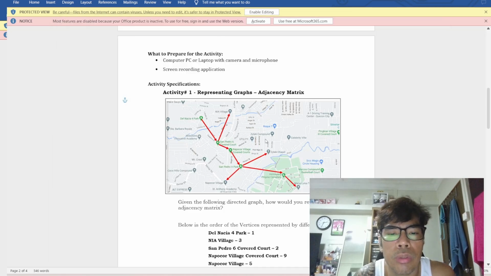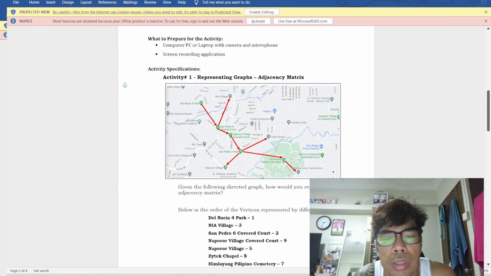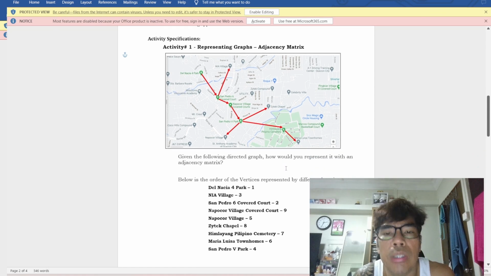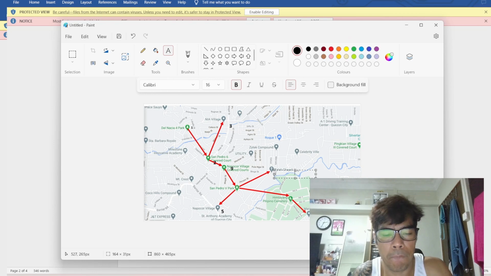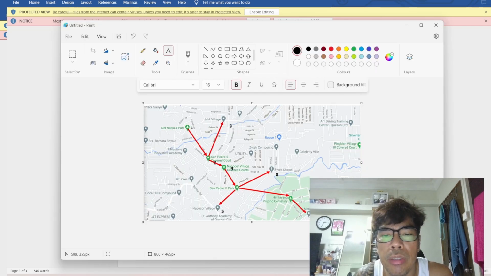Farmers is 2, then Napocor Village covered court is 9. Then Napocor Village is 5. Then Sci-Tech Chapel is 8. Then Himalayan Filipino Cemetery is 7.